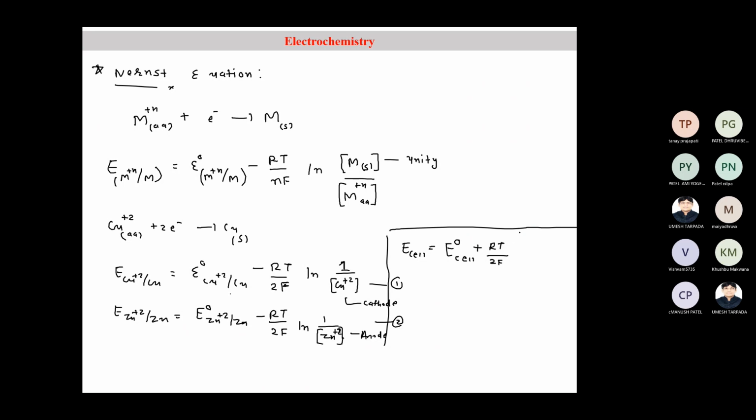Or you can write it in a simple form, no problem. In the first term, you can take minus RT upon 2F common. The first term is minus RT upon 2F ln 1 upon copper plus 2, plus RT upon 2F for the second term.